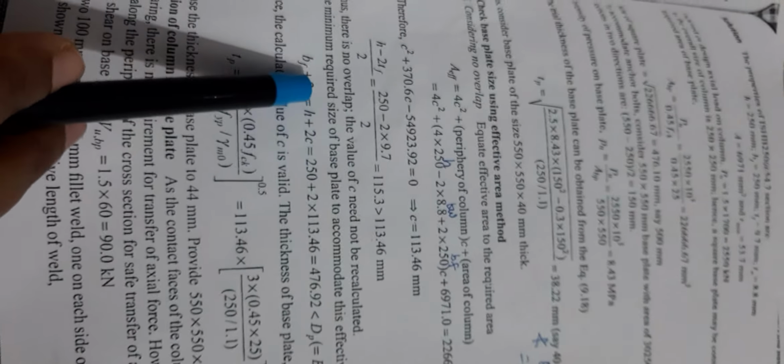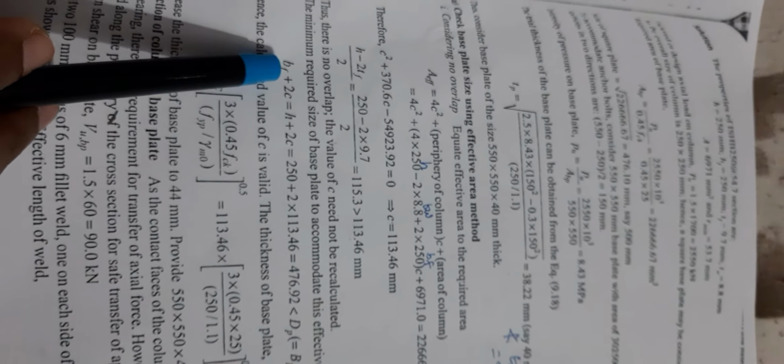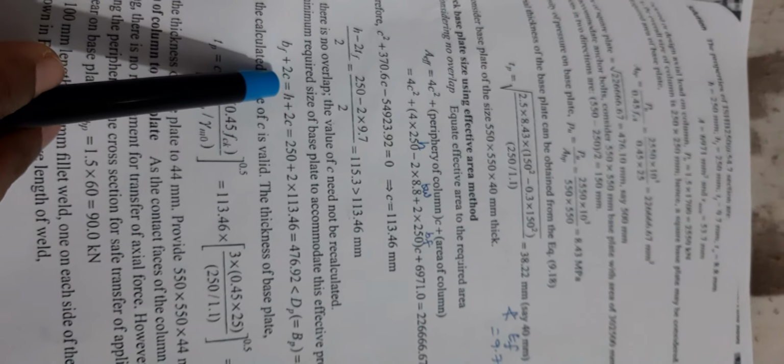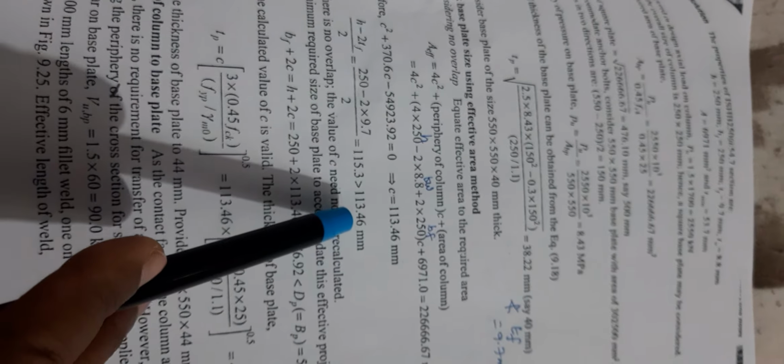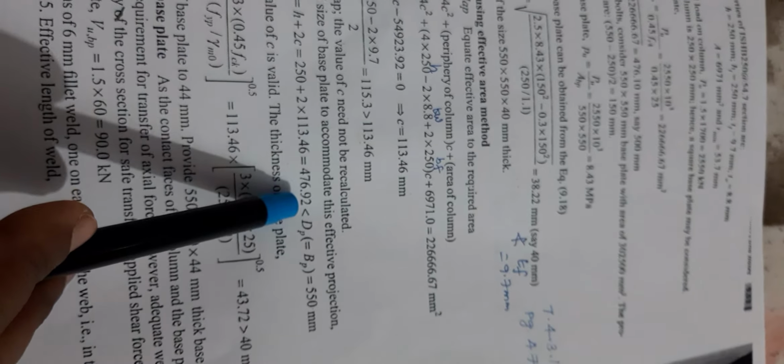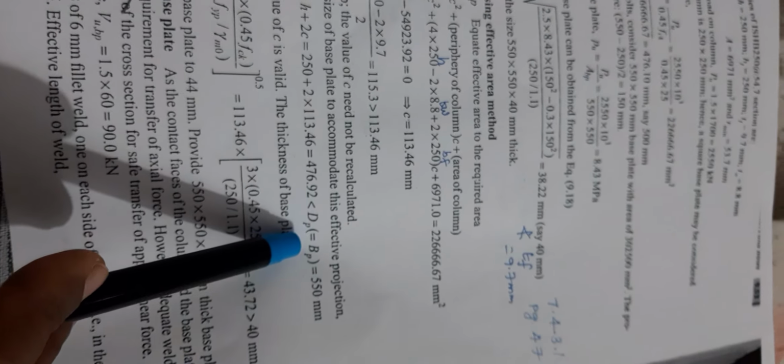So hence we have to increase the C, and then based on that, BF is flange width plus 2 into C. C we have calculated is 113.6. So 250 plus 2 into 113.6 will give you 476.92, which is less than dp, which is equal to 550 mm. Hence the calculated value of C is valid.